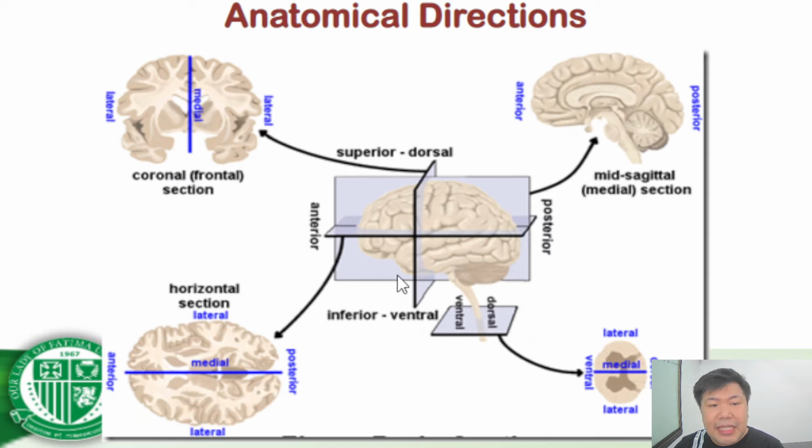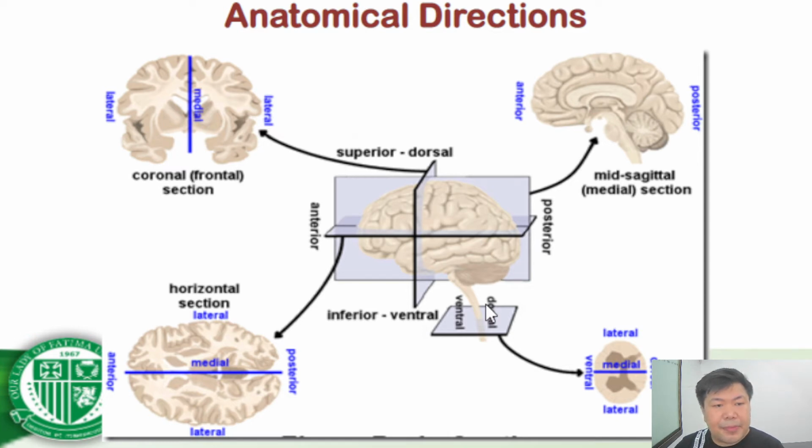So if this is the belly, then the back side of the brain is this part. So the superior part can also be described as dorsal. Okay? But when we go to the brainstem, the back part is the one on the posterior side. Okay? So yun lang ibig sabihin ng ventral and dorsal. Belly and to the back.